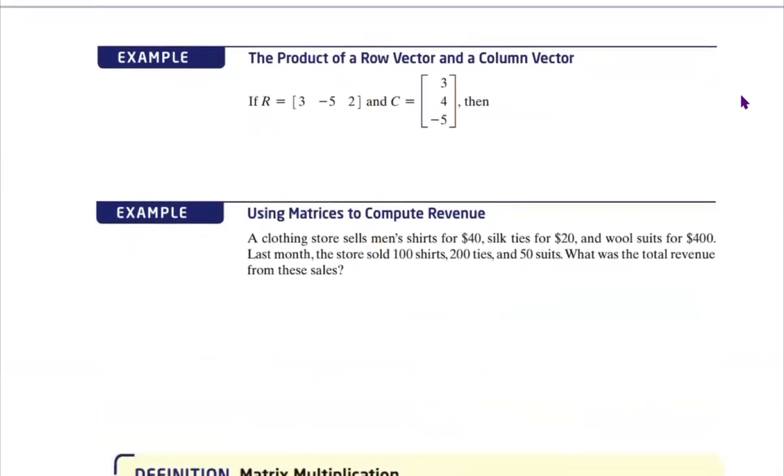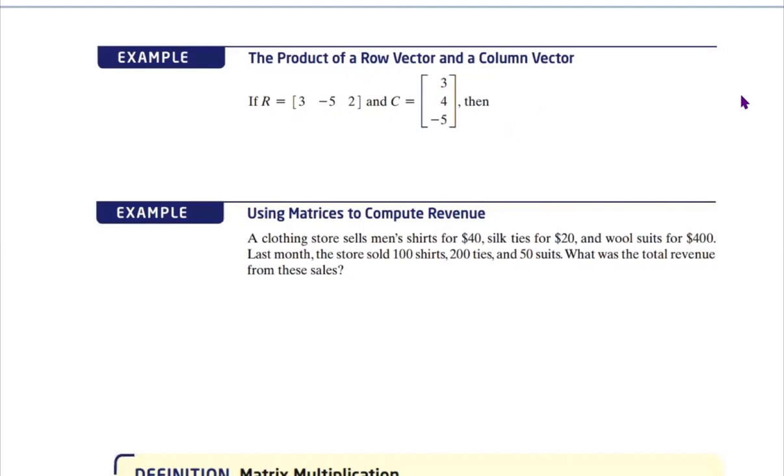In this example, we have the row vector that is 3, -5, and 2. The number of entries is 3. Here we have the column vector 3, 4, and -5. The number of entries is 3. The product of the row vector times the column vector is possible. Then we can go ahead and perform this as we are asked to do.